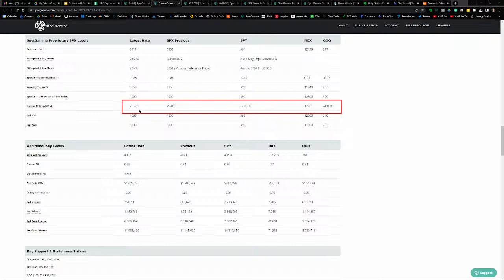So this is shifting slightly less negative for the last couple of days. So yesterday SPX gamma notional was minus 873, and today it's minus 706. And the same for SPY. On Monday it was minus 3,000. Yesterday minus 2824, and today minus 2285.